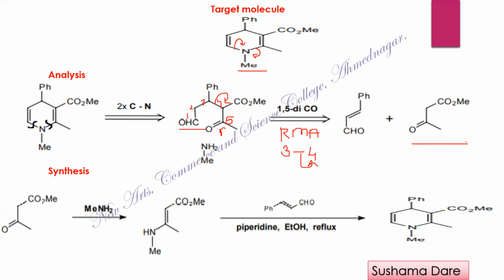methyl acetoacetate, plus this side is the Michael acceptor, and a Michael acceptor is always an alpha-beta unsaturated carbonyl compound. This hydrogen is flanked by two carbonyl groups.